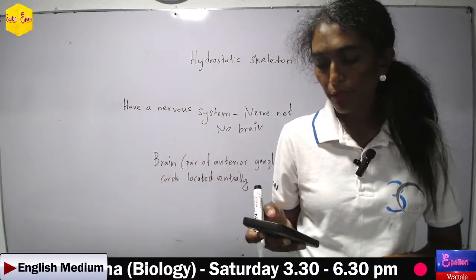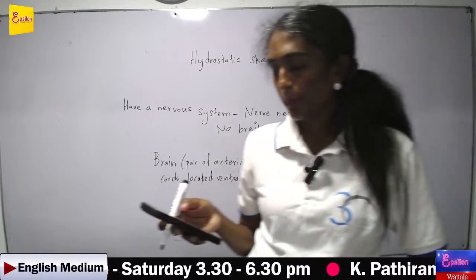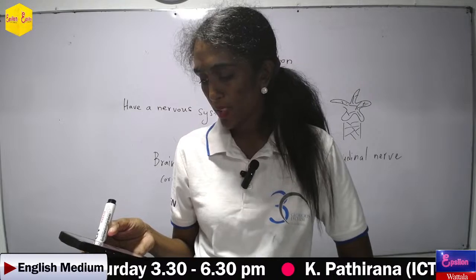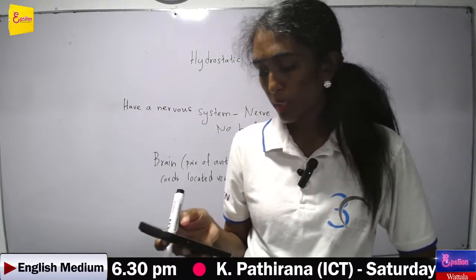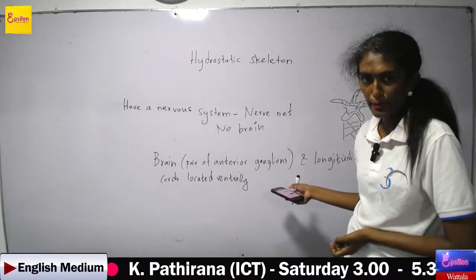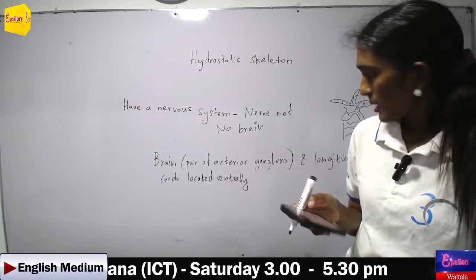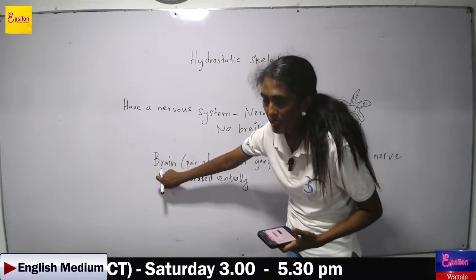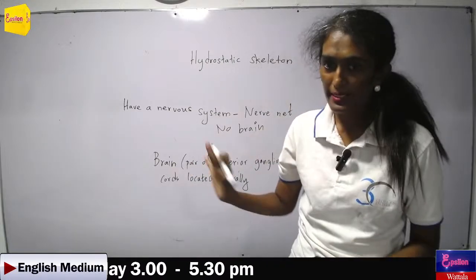Eye spots are found in the head. First appearance of a little complex nervous system and sensory system. A pair of anterior ganglion and two longitudinal nerve cords form the central nervous system. Here, same now. Next one. Brain is not mentioned in the third unit, but is given there in the fifth unit. Okay, same.